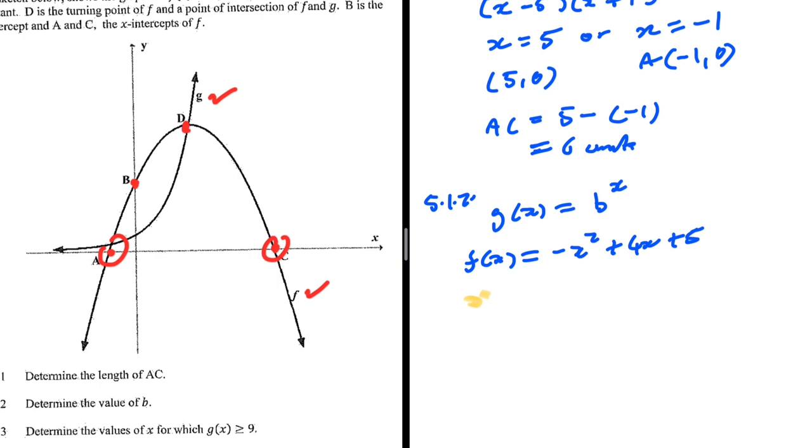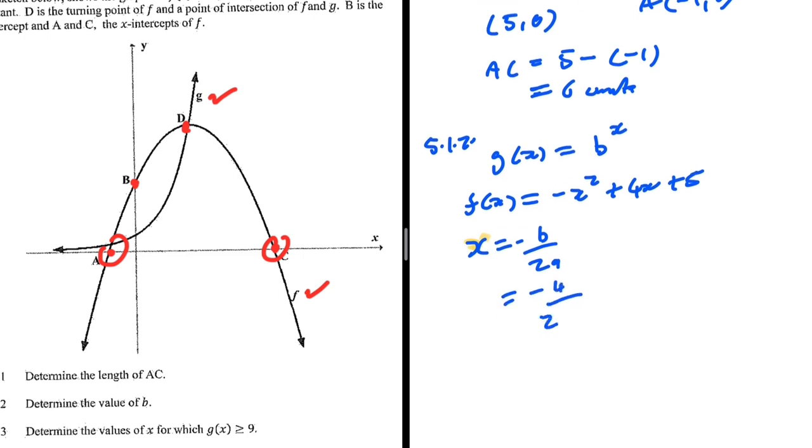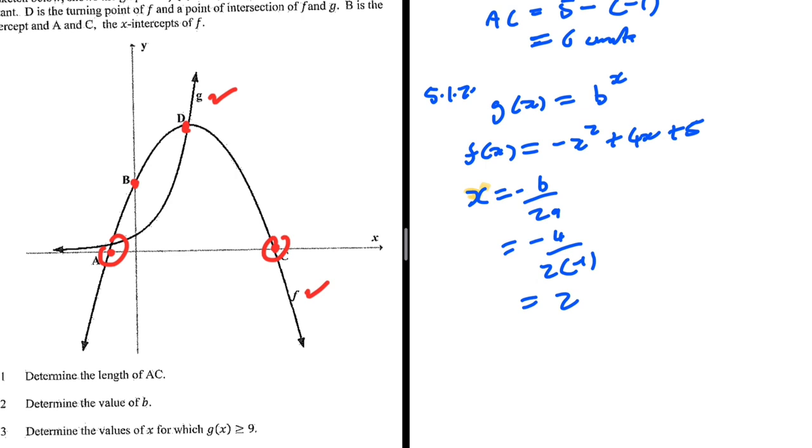So x at the turning point is equal to minus b divided by 2a. So minus 4 divided by 2 multiplied by minus 1. So 4 divided by 2 is 2. Okay, there we go. And then f of 2: we want to substitute 2 into f of x.